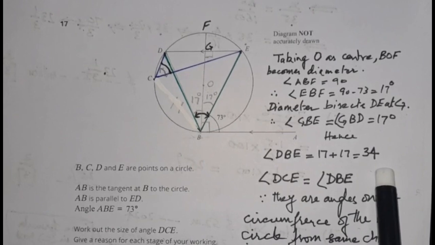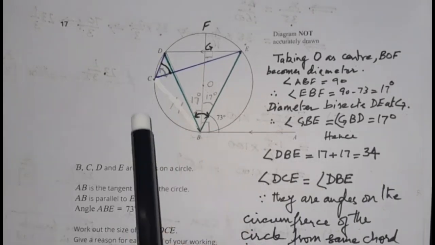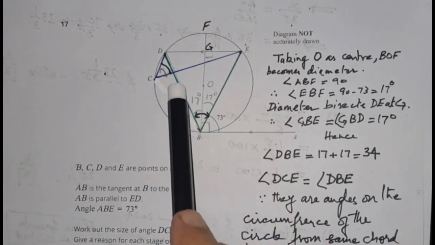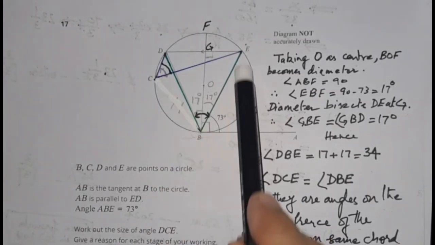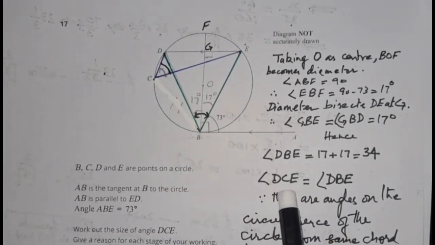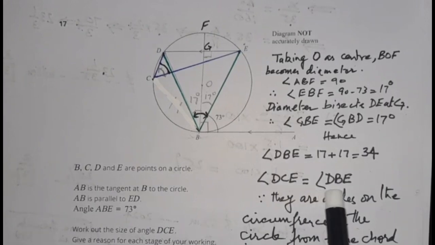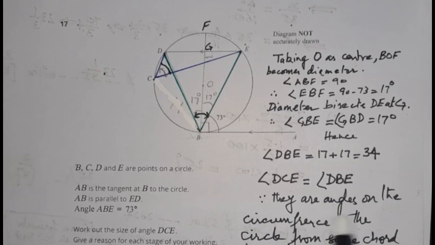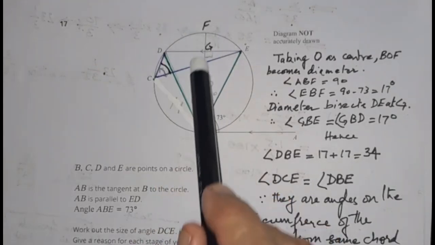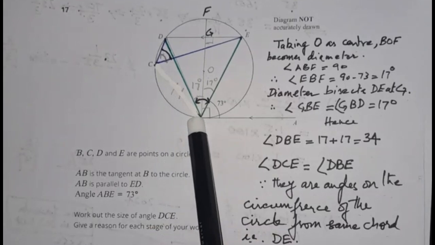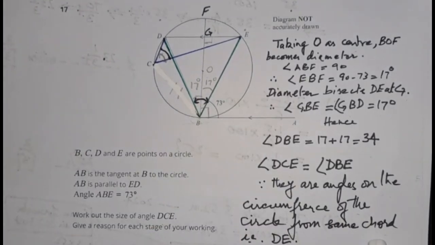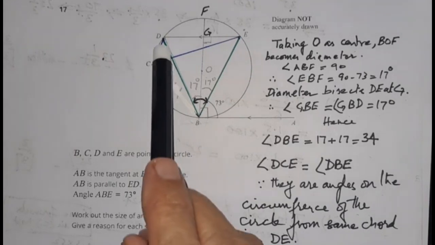Now if we look at angle DCE, it is equal to angle DBE. Angle DCE is equal to angle DBE because they are angles on the circumference of the circle. This angle and this angle are at the circumference of the circle from the same chord, that is DE.